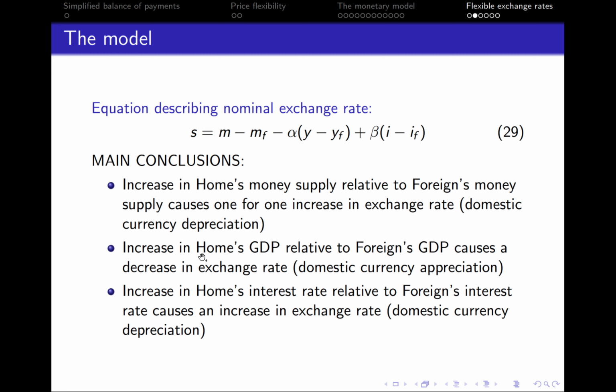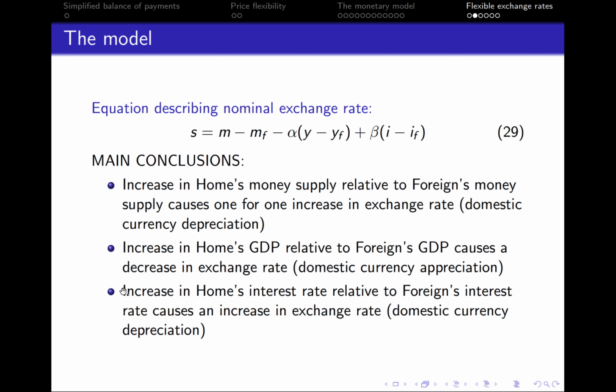On the other hand, we see that an increase in home GDP relative to foreign GDP causes a decrease in the exchange rate, so we will observe domestic currency appreciation. This channel we're going to discuss in more detail in the future.